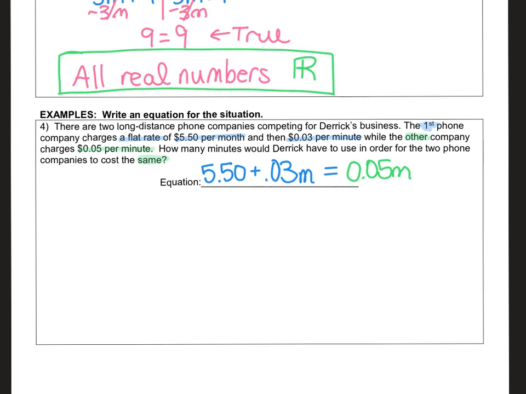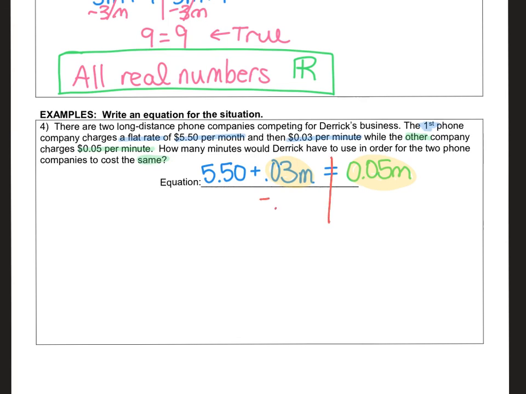So we're going to solve this. This is a variables on both sides. I've got an M on the left and an M on the right. So I only have one number on the left. So that means I need to move that variable to the right.